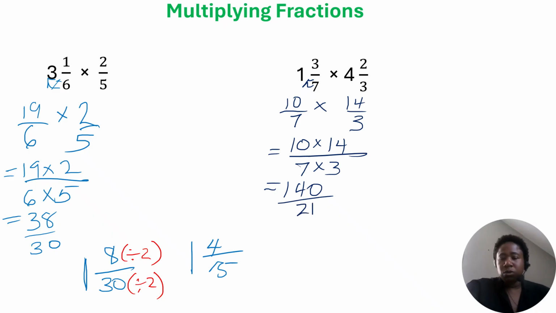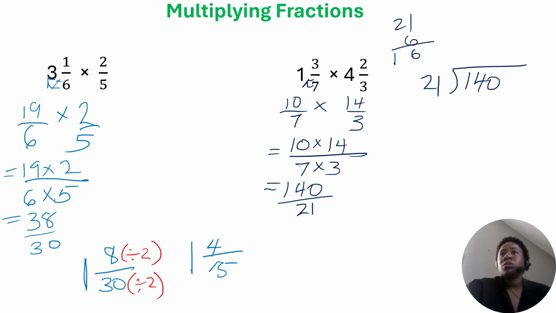So we want to now know how many whole 21s can we get from 140, right? Okay, so let's set up our long division. And we know that, okay, let's see. 21 times 6, 6 ones, 6, 6 twos, 12, 126. So that will work for us.